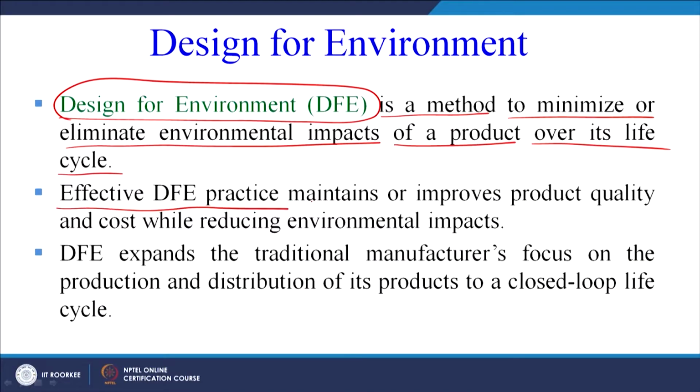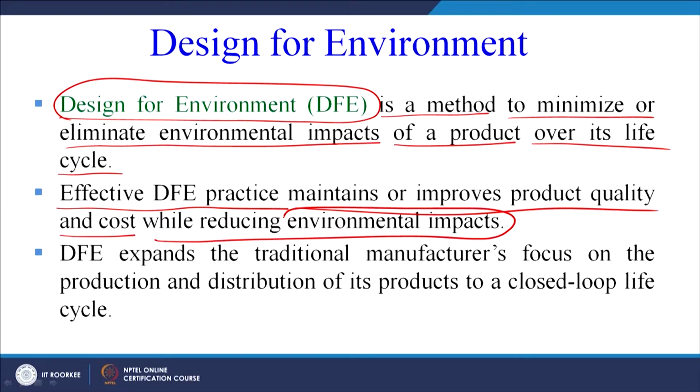So, our target is that the product must have minimal effect, or even if it has an impact on the environment, it must be a positive impact, it must not be a negative impact during its life cycle. Now, effective design for environment practice maintains or improves product quality and cost while reducing the environmental impacts.